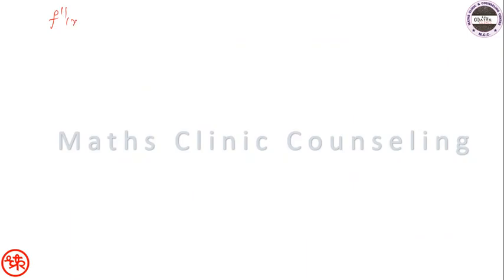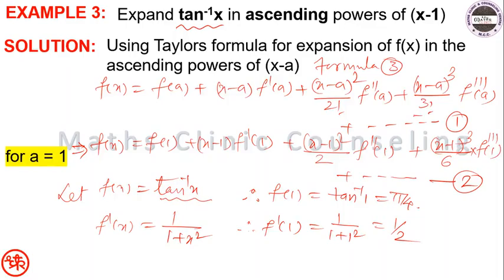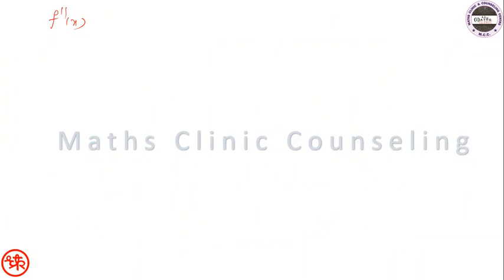Then f double dash of x. So what is f double dash of x? Go back. The derivative of 1 upon 1 plus x square will be minus 1 upon 1 plus x whole square into the derivative of 1 plus x square, which is 2x. So it is equal to minus 1 upon 1 plus x square whole square into 2x.